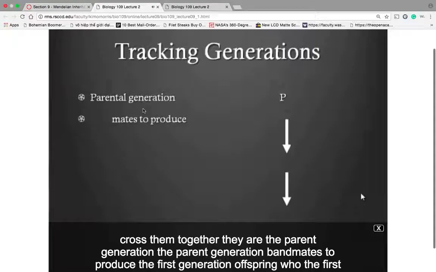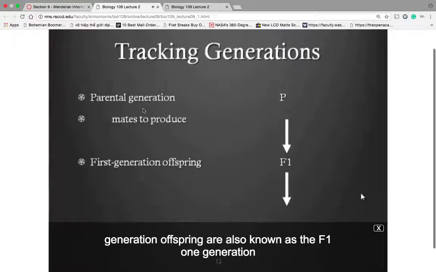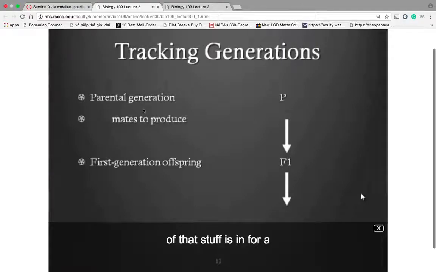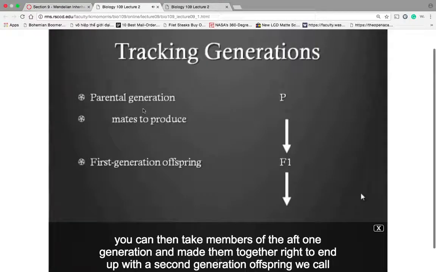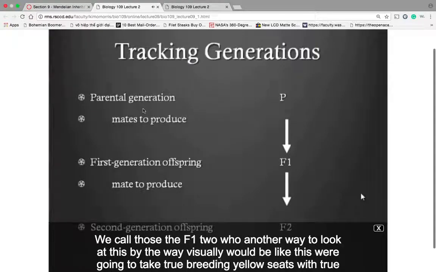The parent generation then mates to produce the first generation offspring. The first generation offspring are also known as the F1 generation. That's F as in Frank. You can then take members of the F1 generation, mate them together, to end up with a second generation offspring. We call those the F2.